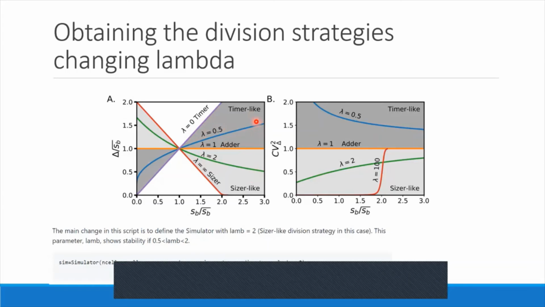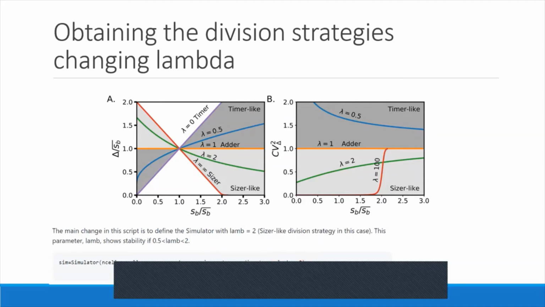In these cases, the division strategies are timer-like for lambda from 0 to 1, and sizer-like with lambda from 1 to infinity. What you have to do is to include, when you declare the simulator, the argument lamp equal to 2, for instance, to obtain the sizer-like strategy.